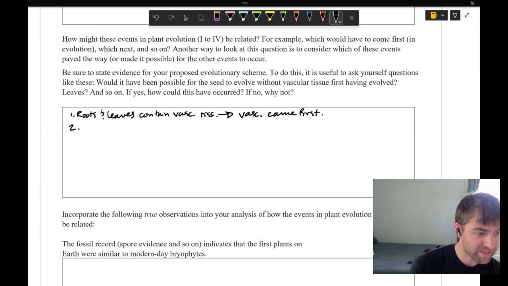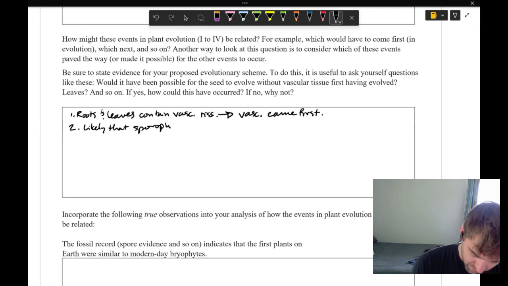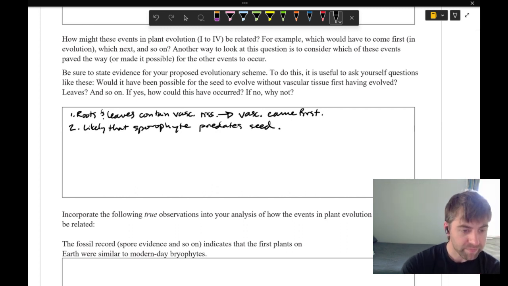So let's see. That was a lot of talking. How do I want to write this? It's likely that sporophyte predates seed.